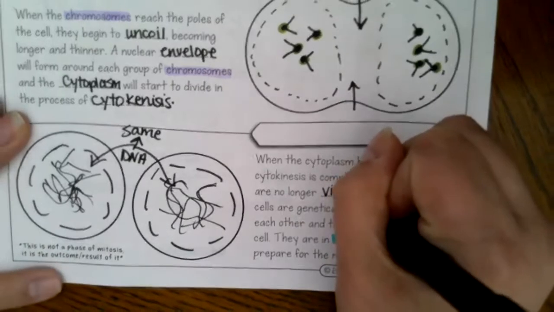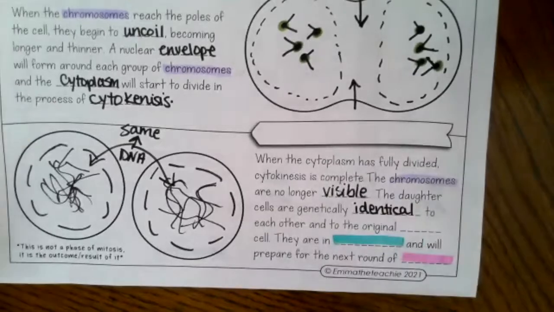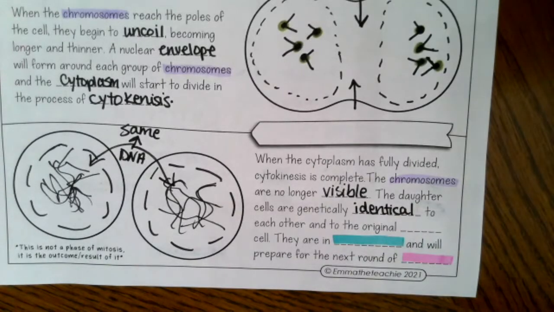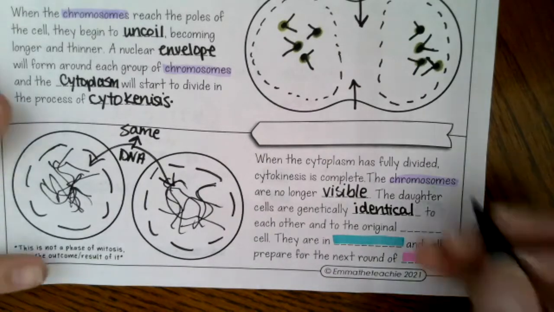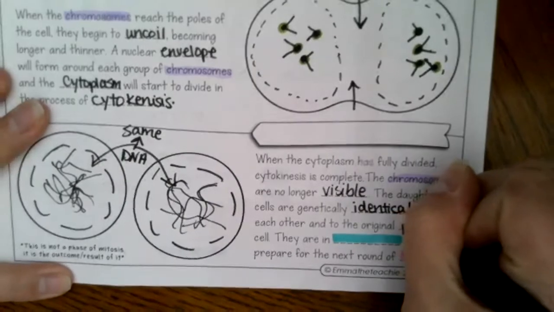They're like twins. They're just like identical twins, but not fraternal twins, right? Because fraternal twins are not actually copies. These guys are actual copies. So they're just like clones. They're going to be identical to each other, and they're also going to be identical to the original parent cell.